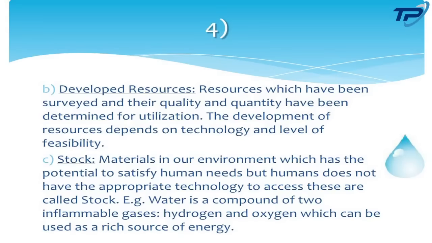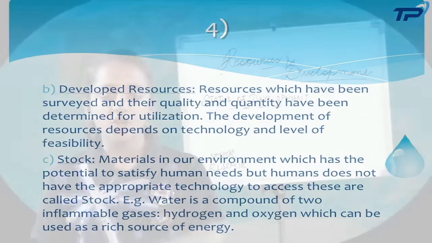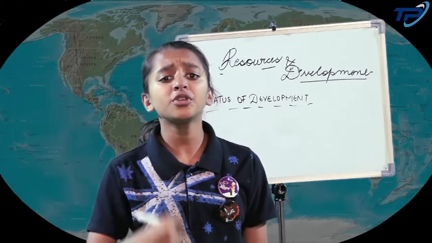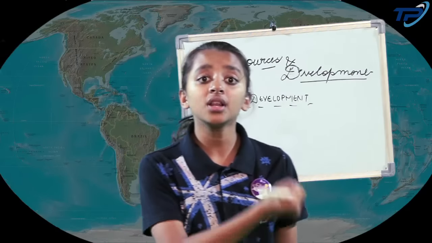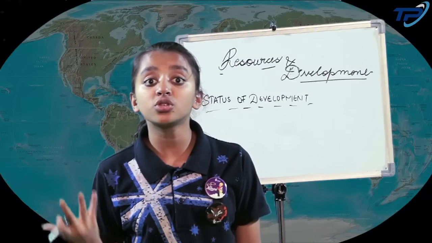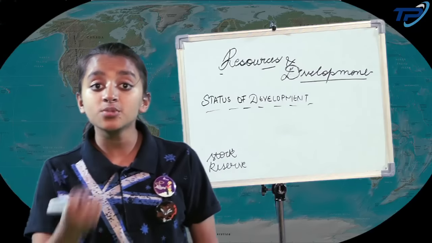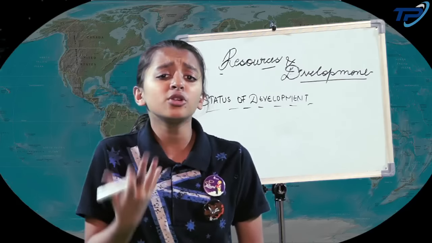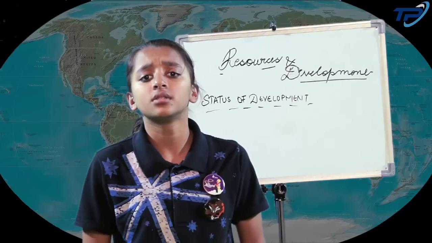But we do not have appropriate technology to exploit these. For this we have the technology, but for that we don't have technology. For example, some of the uranium found in Ladakh is also a type of stock, because it has the potential to satisfy our needs, but we do not have the technology to do it.